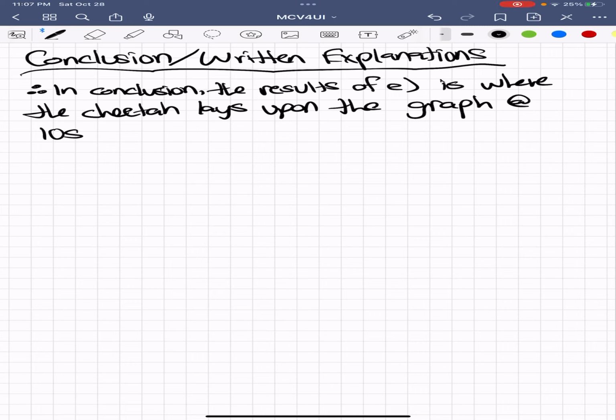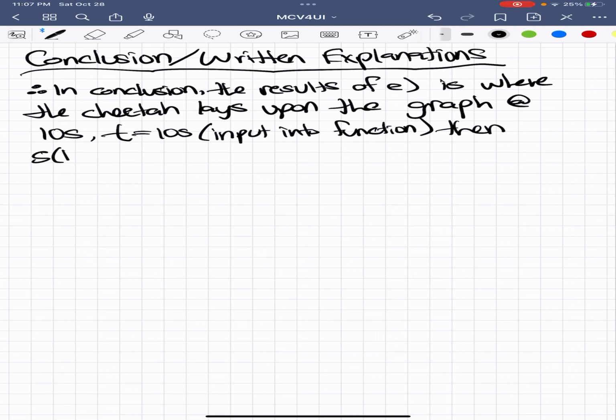So t equals 10. And we'll input into the function. Then S of t is 130 meters. And we'll input time and output distance.